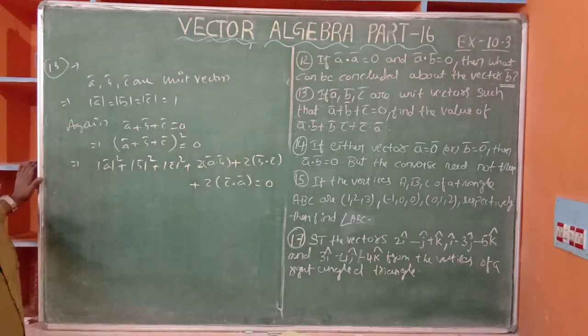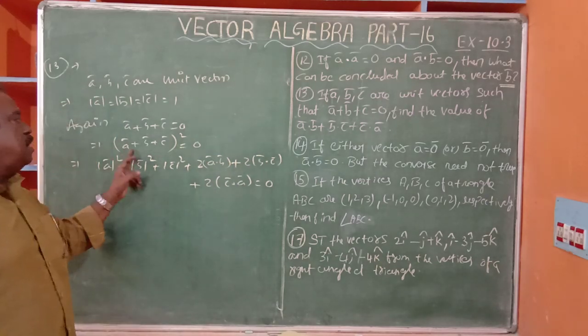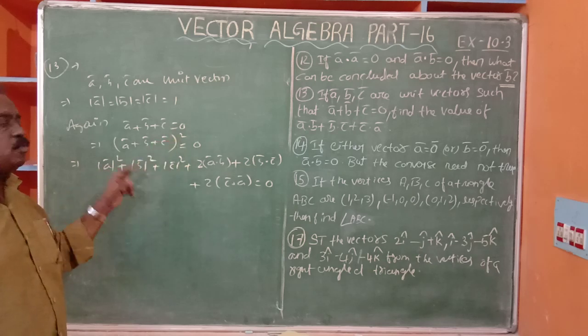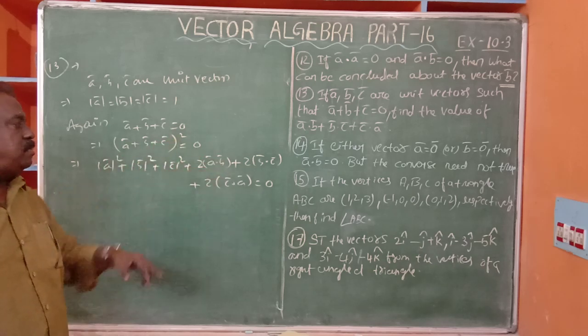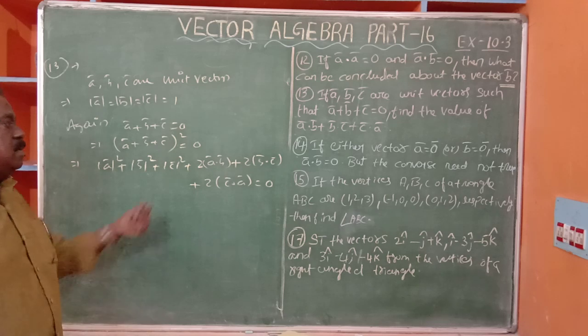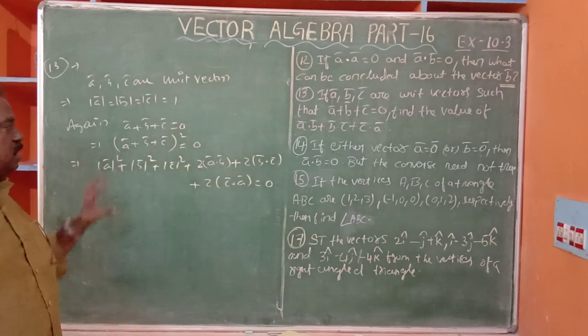It is just like algebra. A plus B plus C whole square is A square plus B square plus C square plus 2AB plus 2BC plus 2CA. Product means dot product. Already we know this concept.